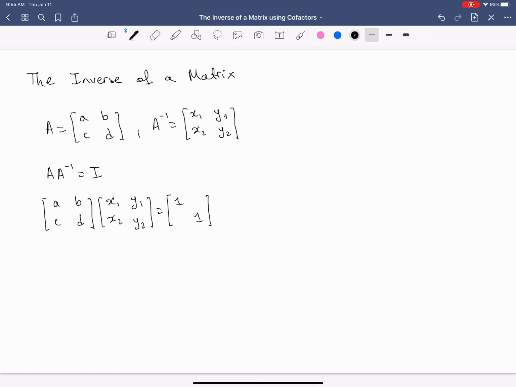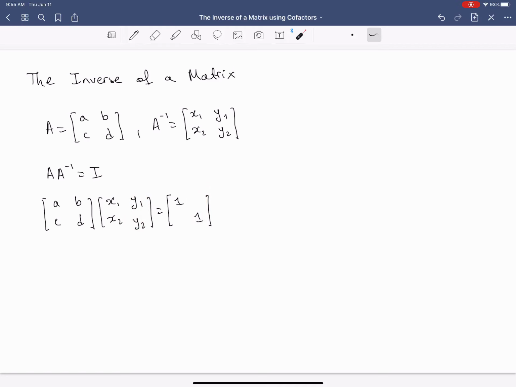Well, I can find the 4 components, x1, x2, y1, y2, through Cramer's rule, right? Because I can split this system. The way matrix multiplication works is that this matrix times this column is the first column in the answer, and the matrix A times the second column is the second column in the answer.